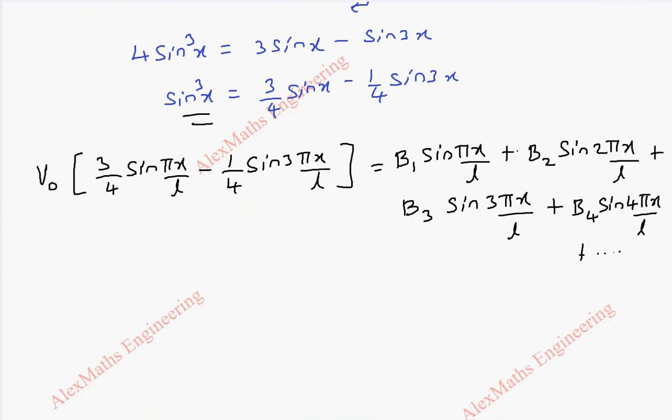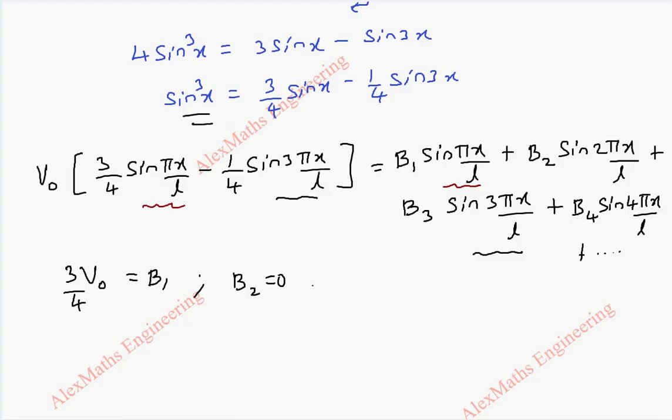Now by comparison, here we have sin pi x by L, here we have sin pi x by L, and this coefficient 3 by 4 V0 will be equal to B1. Then B2 will be 0 because we don't have sin 2 pi x by L here. Then coming to sin 3 pi x by L, we have it here.